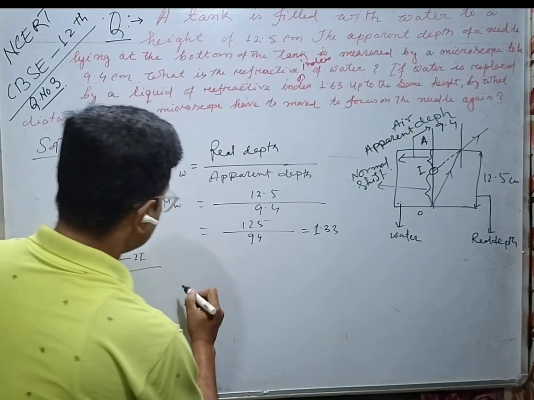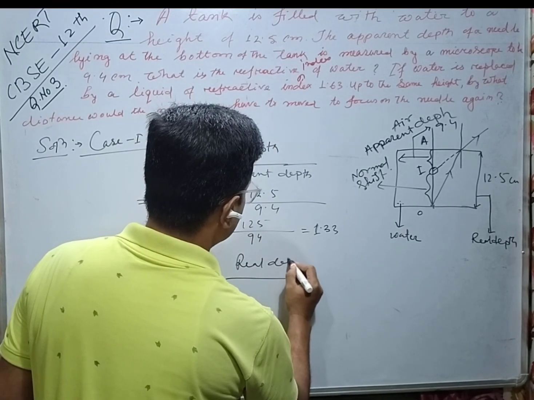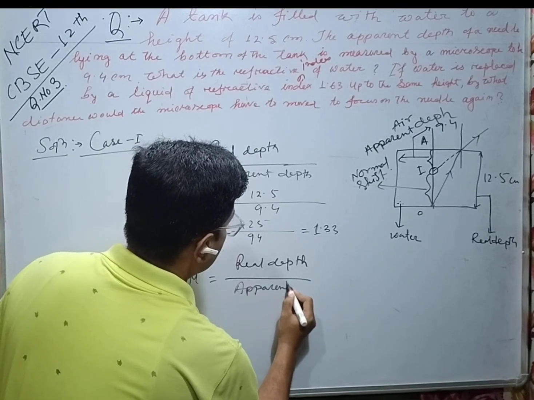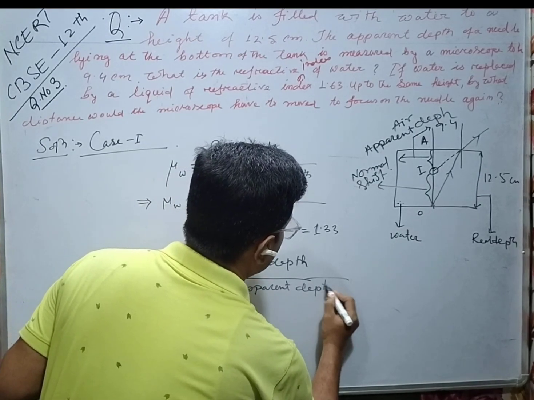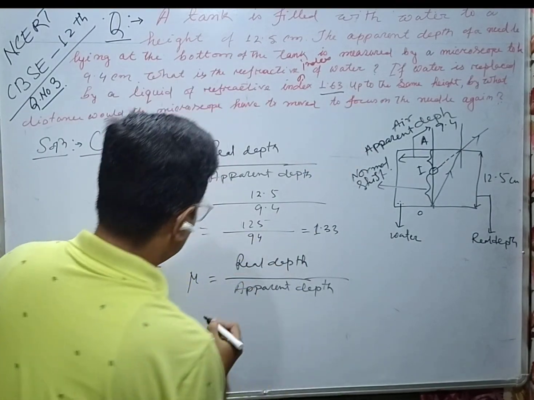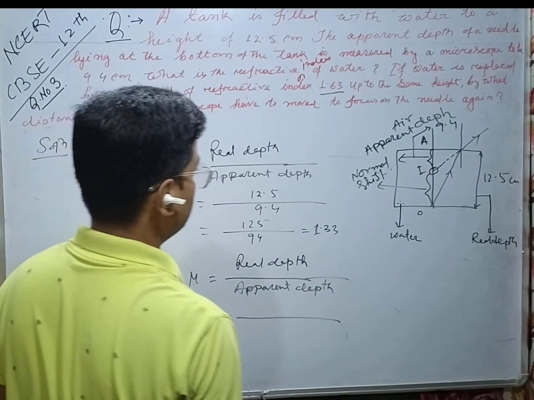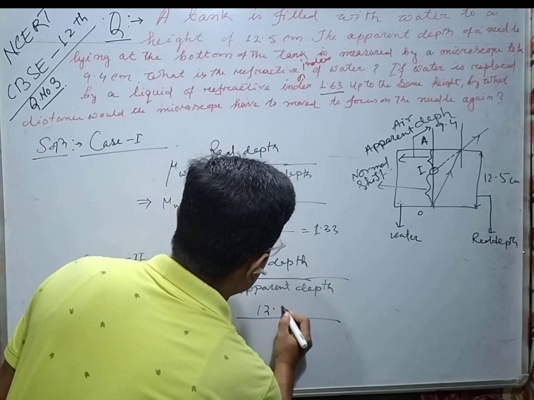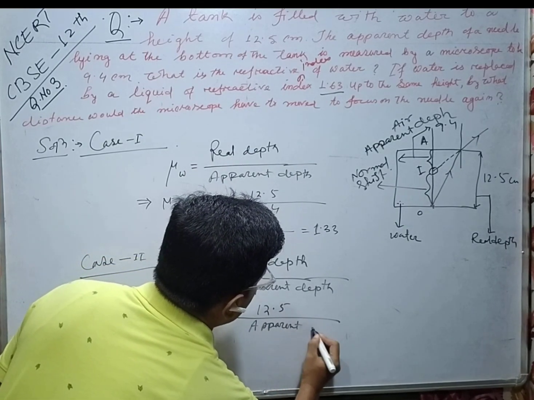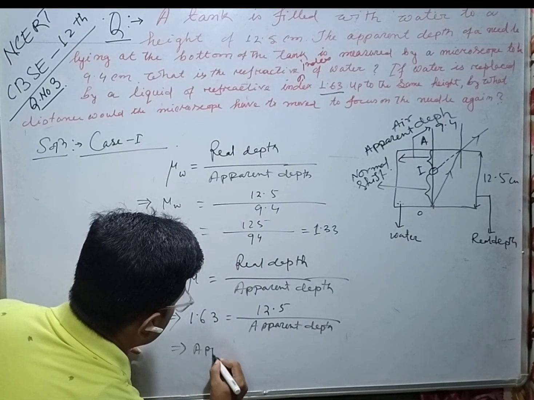Using refractive index equals real depth by apparent depth, the refractive index is given as 1.63 and the real depth is 12.5. The apparent depth is unknown.